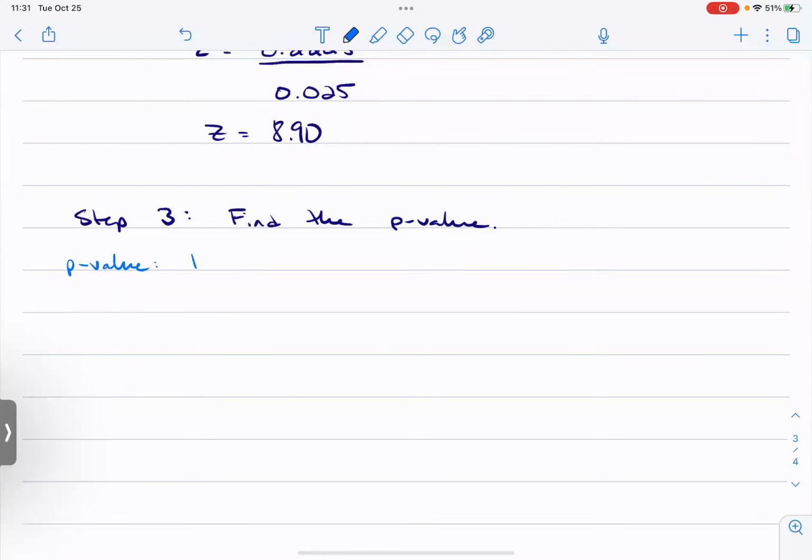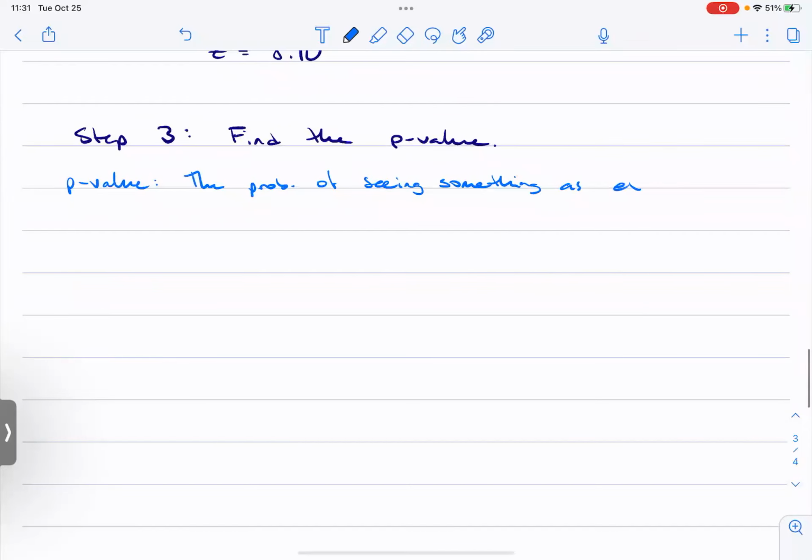The p-value is the probability of seeing something as extreme or more extreme than what you saw, assuming H naught is true.